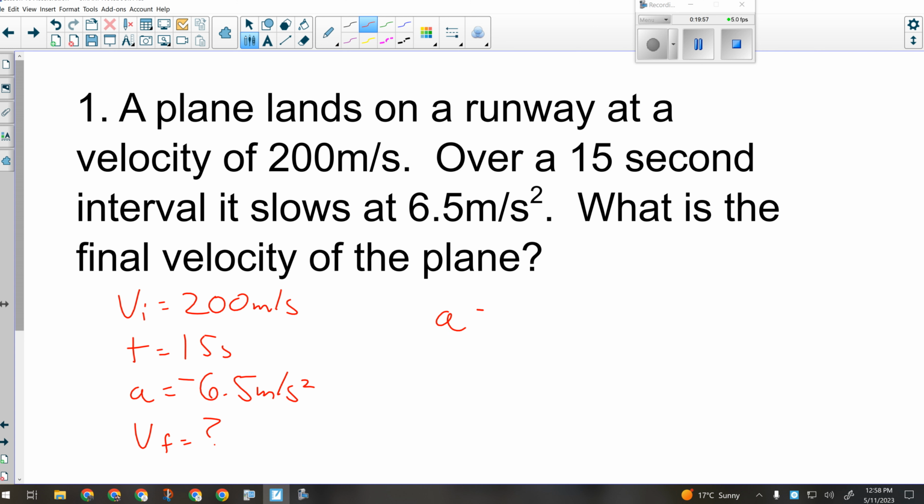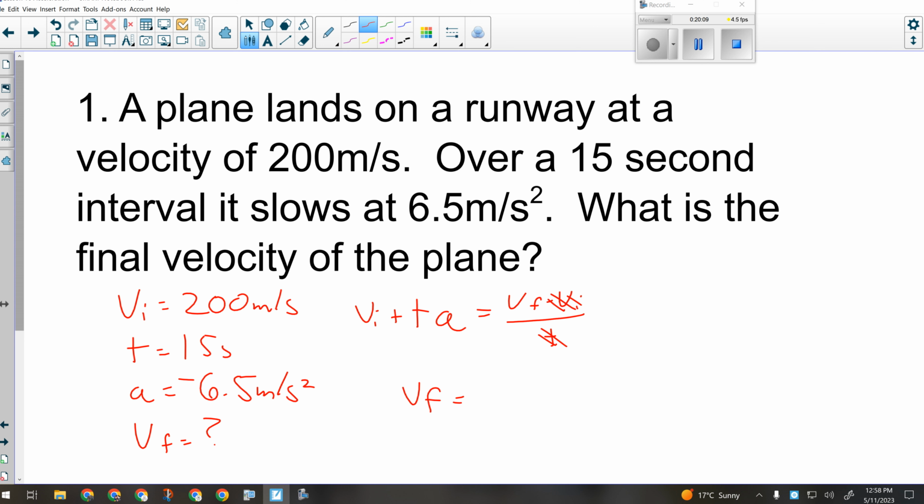So we're looking for VF. We have A equals VF minus VI over T. So we multiply both sides by t and add VI. That'll give us VF. And then we just plug in our numbers. So 200 plus 15 times negative 6.5.